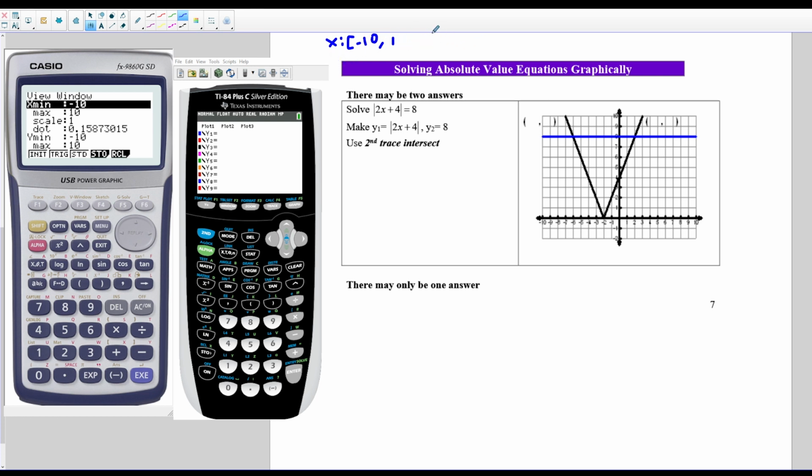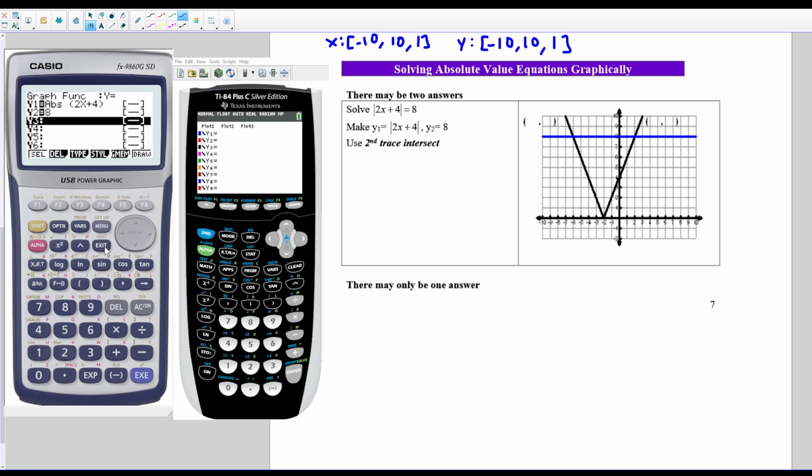Maybe I'll do it over here on the right-hand side. So -10, 10, and 1. And for your Y window range for the standard settings, it's going to be going from -10 to +10 and have a scale of 1 as well. So going back here, we can see that we have -10, +10, scale of 1, and same thing as we scroll down for our Y values.